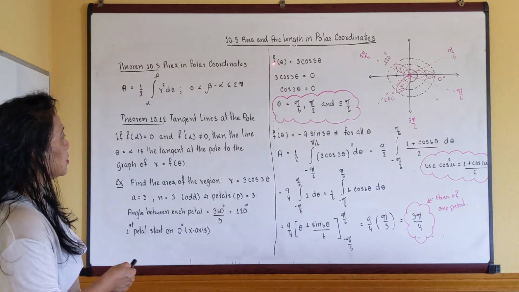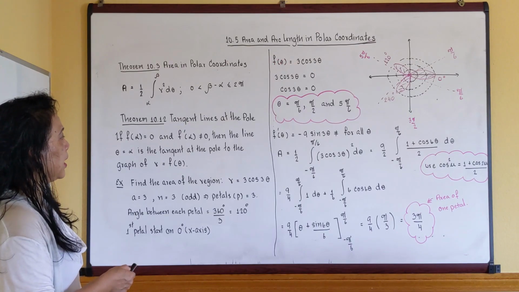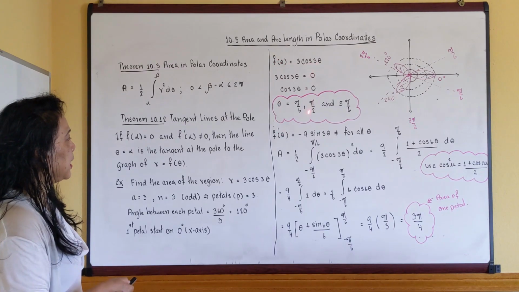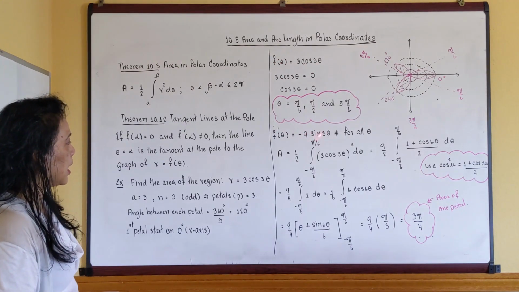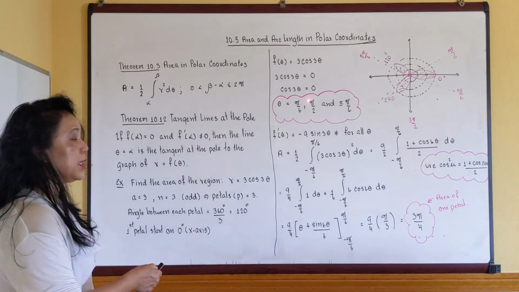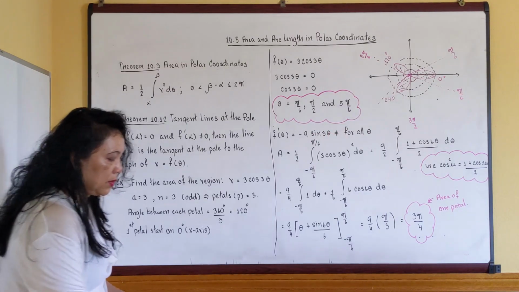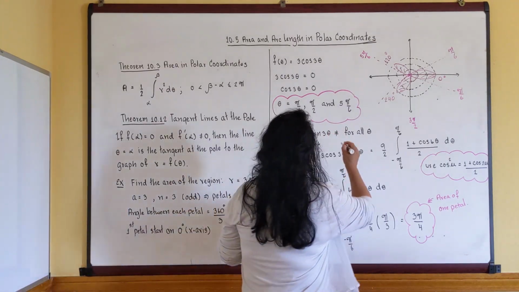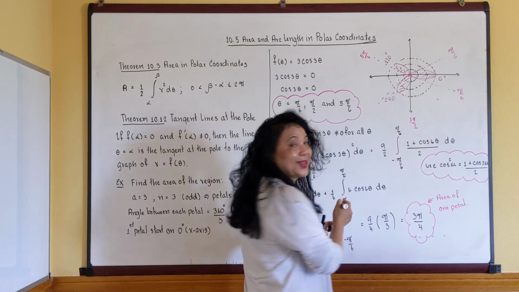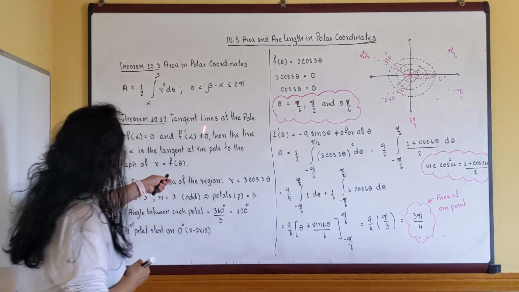Next, I have to take the derivative of f of theta. I have negative 9 sine 3 theta. And you need to check each one of them that this is not equal to 0. That's the theorem right here.